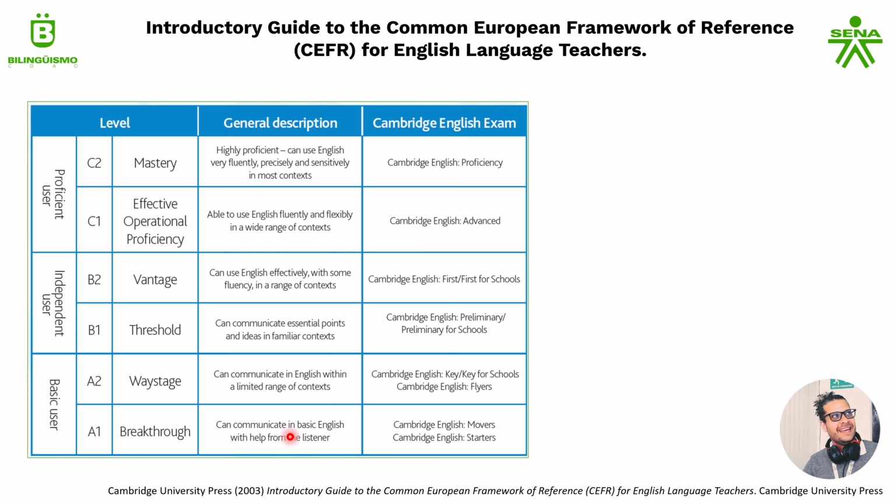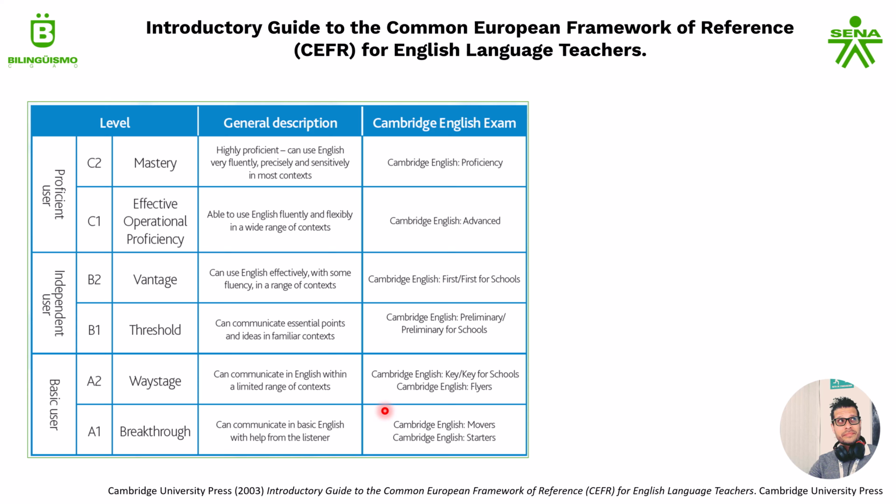So also, this is taken from the website of the Common European Framework. This is a general description, but there is also one exam that is the most representative, in quotation marks, because Cambridge is the one with more participation in the Common European Framework.